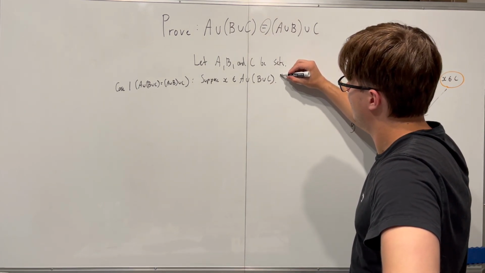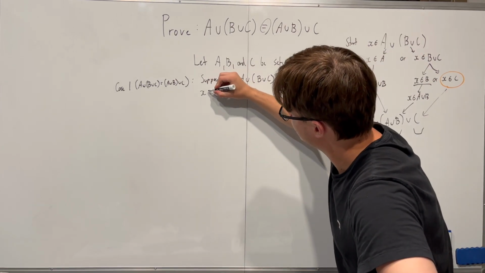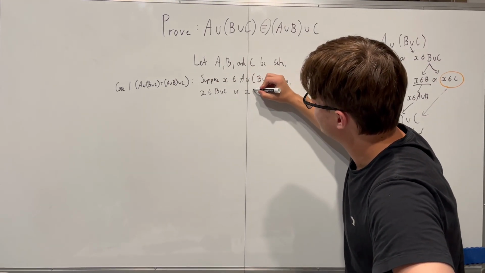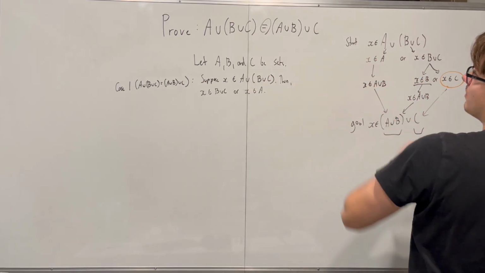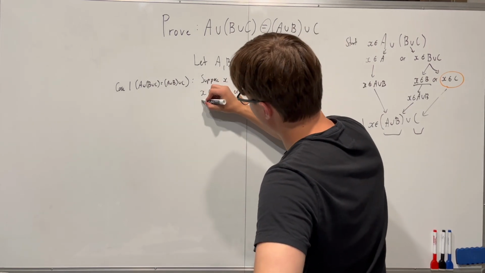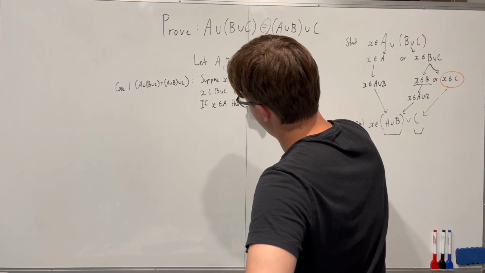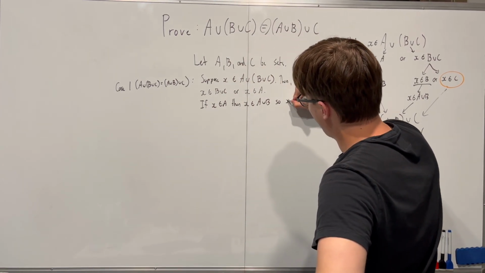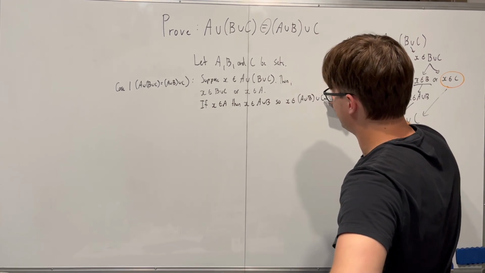It means that X is an element of B union C, or X is an element of A. Fantastic. Now from here I'm going to immediately jump to A, right? Let's just get that out of the way. So we're going to say if X is an element of A, then X is an element of A union B, so X is an element of A union B union C.